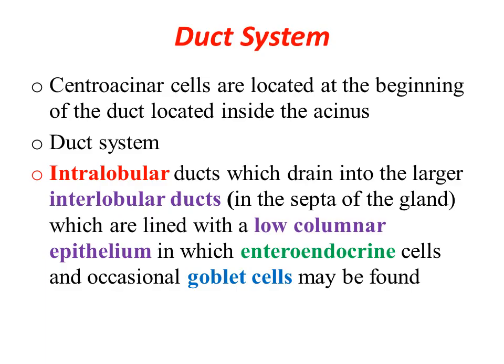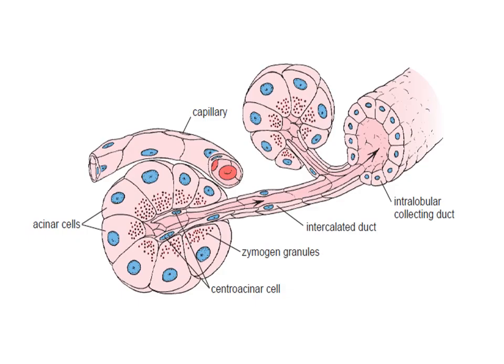It's very important. Here is a very nice picture. You can see the acinar cells and the centroacinar cells, those two types of cells. From there, the intralobular duct to the interlobular duct, and you can see the scatter of the zymogen granules, and outside are the capillaries.